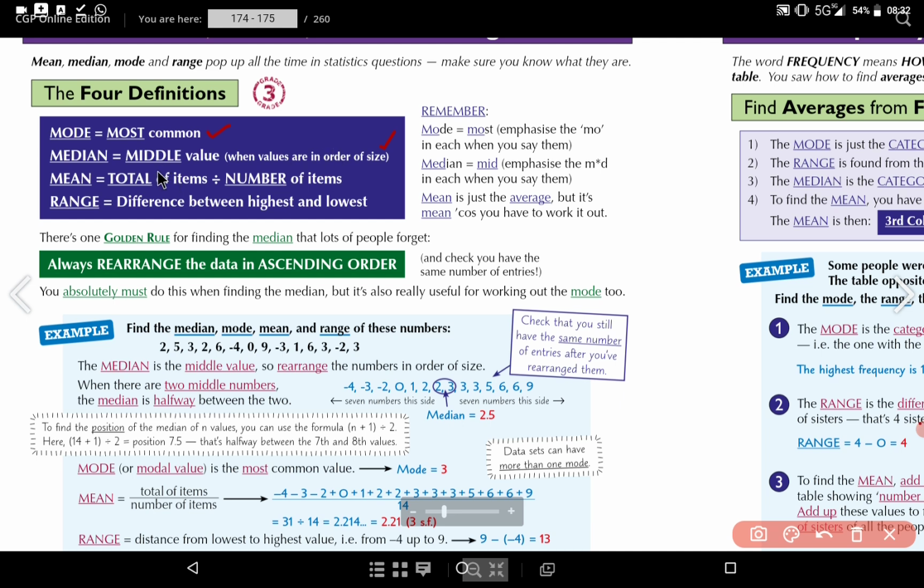And the mean is the total of items divided by the number of items, as simple as that. Then the range is the difference between the highest and the lowest number.